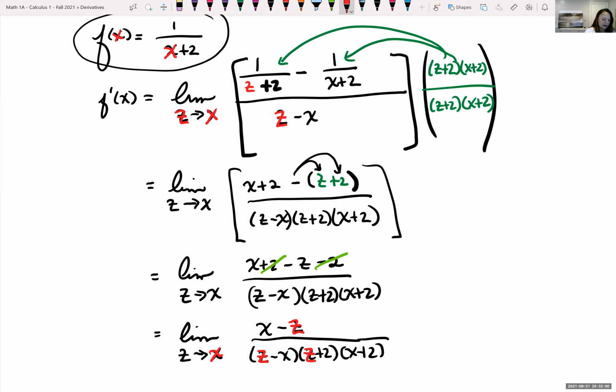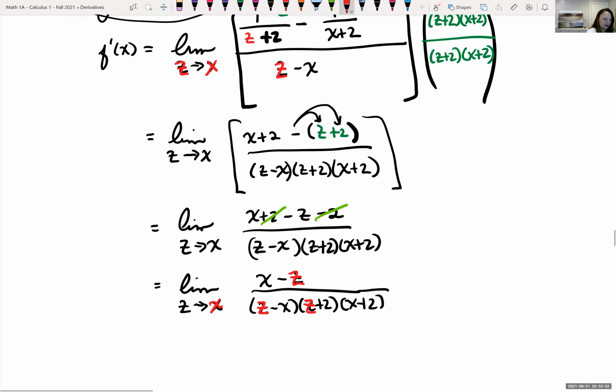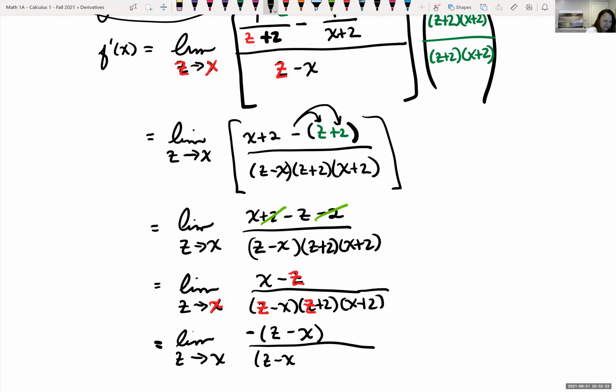And so we can pull out a -1 from one of those and rewrite it. So if we pull out a -1 from the numerator, that would be -1 times, I'm going to rewrite the order, z minus x, or we put negative x plus z, all over that z minus x, z plus 2, and x plus 2.